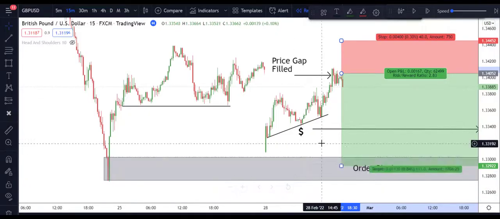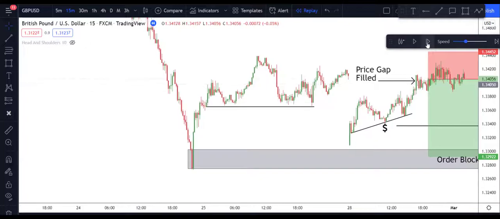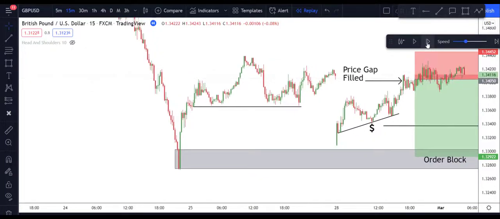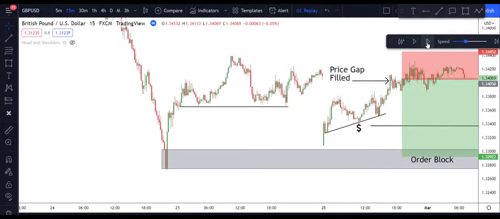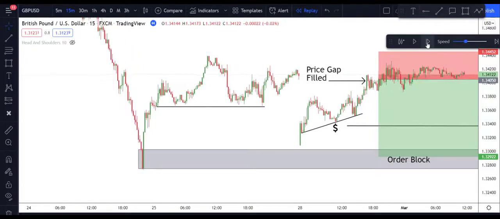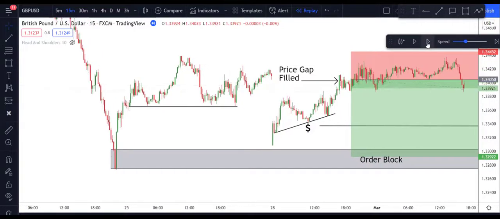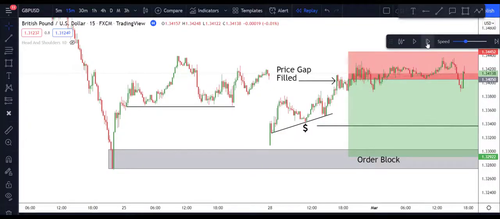Now let's see the movement of price. As you can see, price was ranging in this area for some time, but we were strong in bias, and we waited patiently for price to come down. And this is something you always need in Forex, that you need to be patient and confident about your bias.